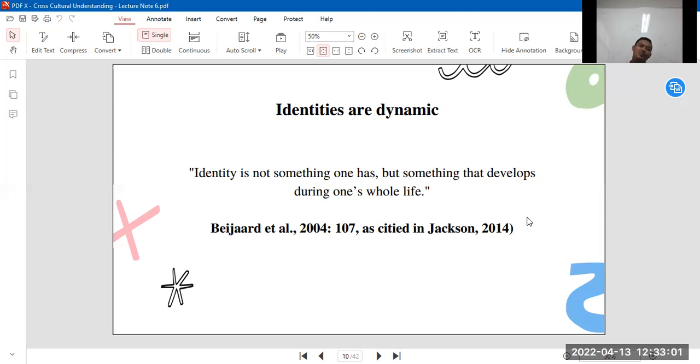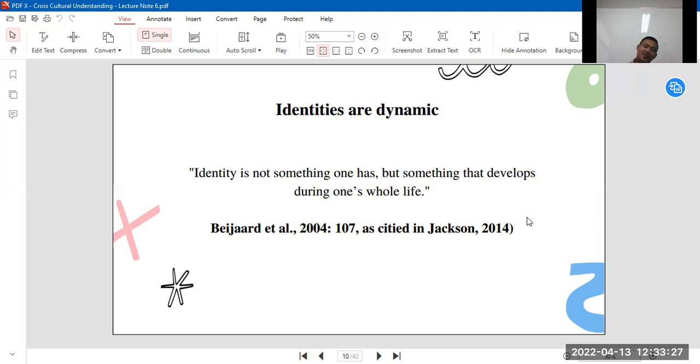For example, in the US, the terms African American or Black are used instead of colored or Negro, like many other labels around the world, because our identities change.